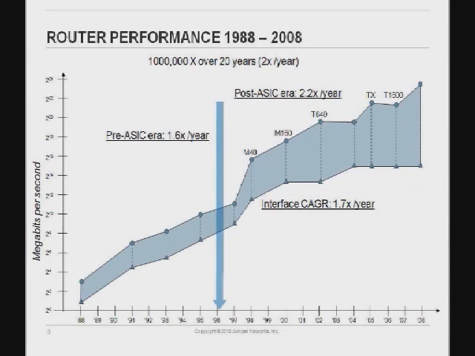In the post-ASIC era, router systems improved at a rate of about 2.2 times a year. The 2.2 against 1.6 probably is not a big number to start with, but if you do that year after year, it becomes a very big number. You can see there's a million times growth of router performance in 20 years, in large part because of the use of ASICs in the later 10 years of the 20.